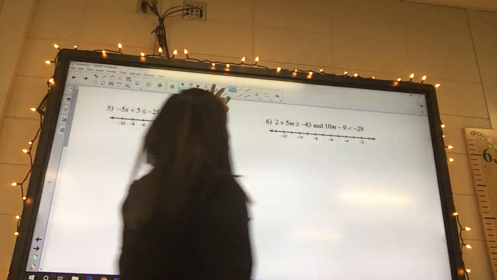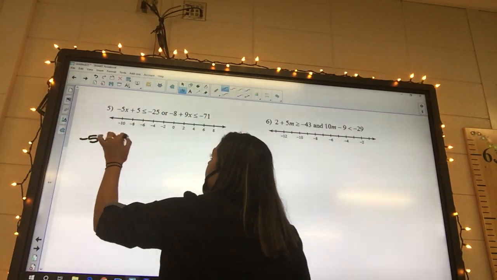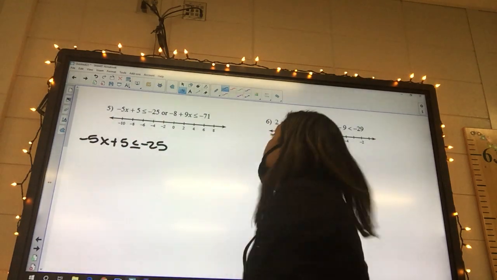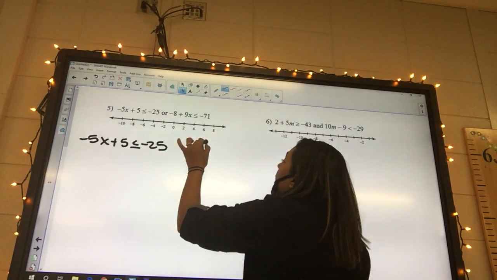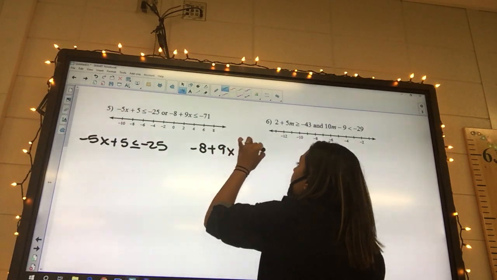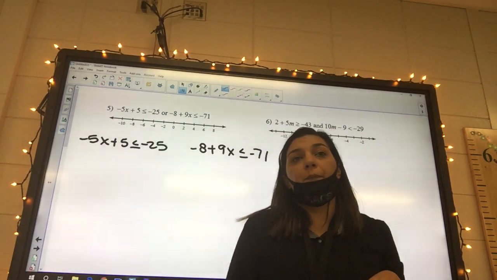Okay, number 5. So I got -5x plus 5 is less than or equal to -25. And then I got -8 plus 9x is less than or equal to 71. So this problem's an OR, so what should it look like?